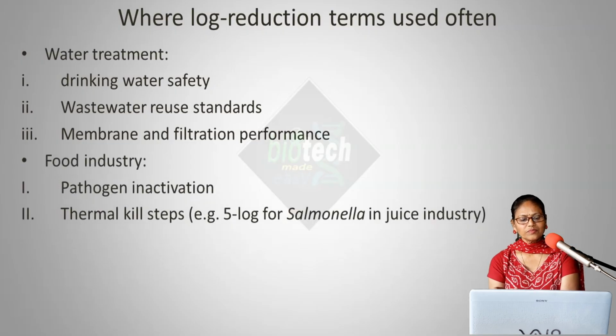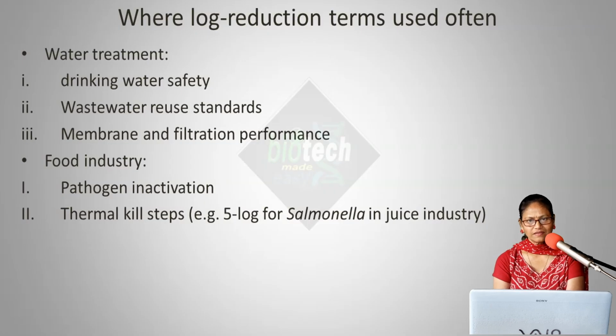Another important industry where this term is used is the food industry. In the food industry, because there are many pathogens, they have to be inactivated by different methods. The methods may be thermal as well as non-thermal. There, to express how many pathogens have been killed or removed, we use log reduction terms.